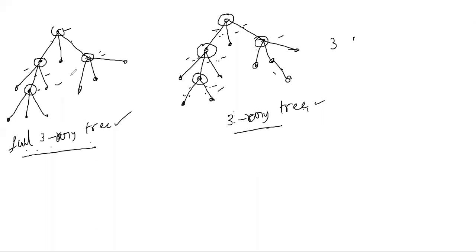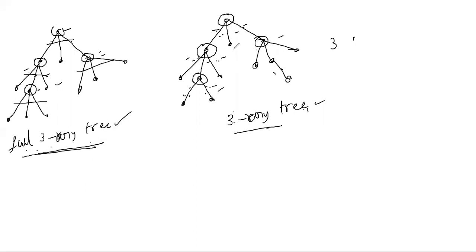When you come to this example, each internal vertex has three children, three children, three children, three children. So it is called a full three array tree. Okay, you got the difference between these two? Can anyone respond? Yes, sir. Full three array tree and three array tree.